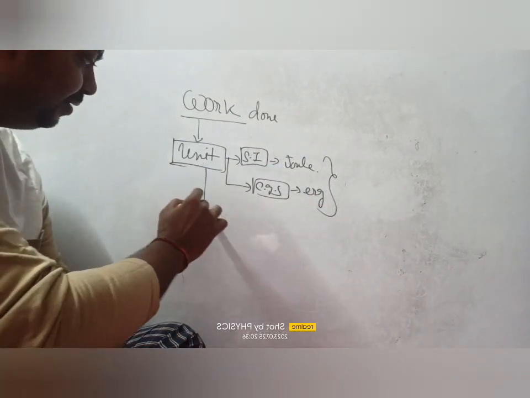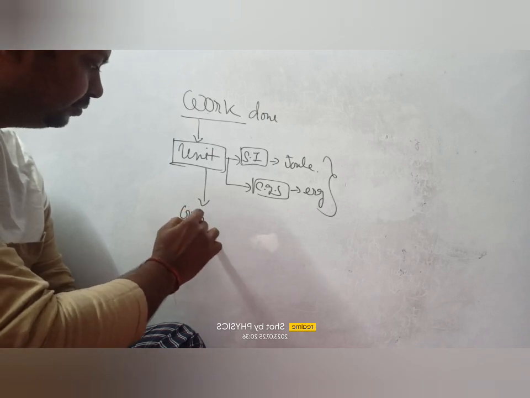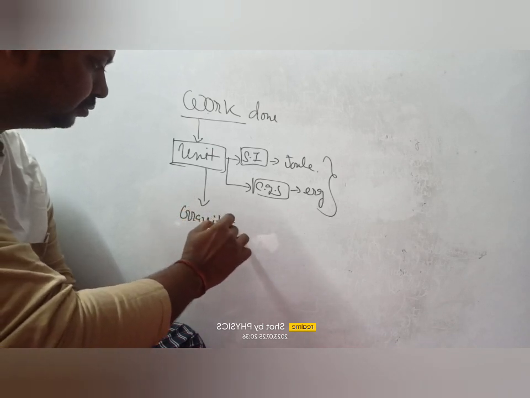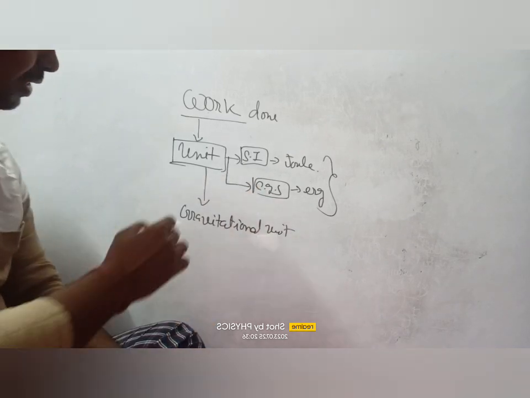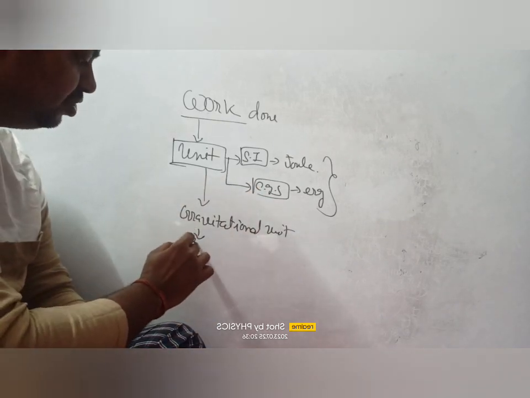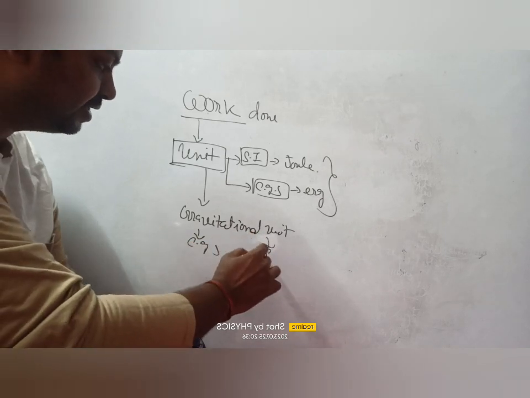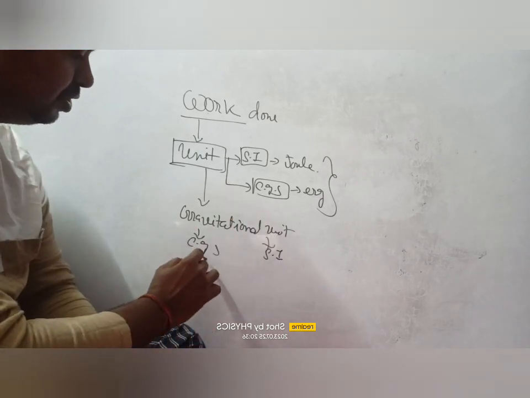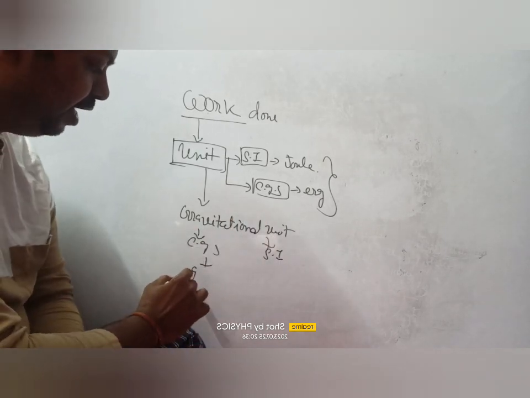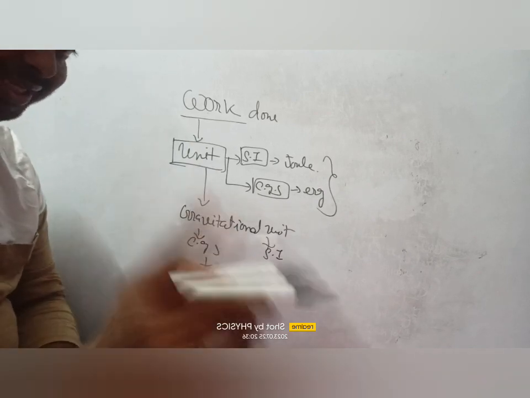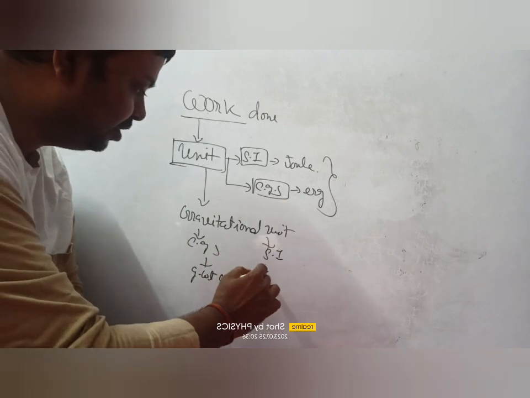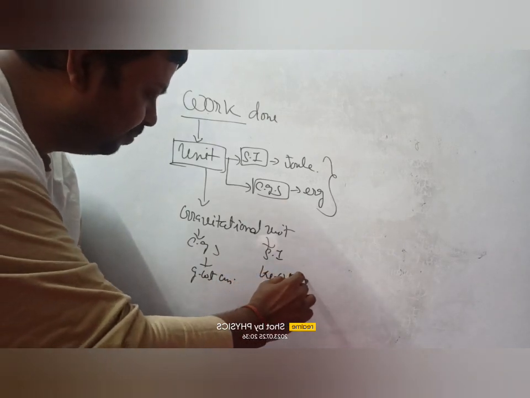Now what are the gravitational units? The gravitational unit in the CGS case is the gram weight centimeter, and in the SI case it is kg weight meter.